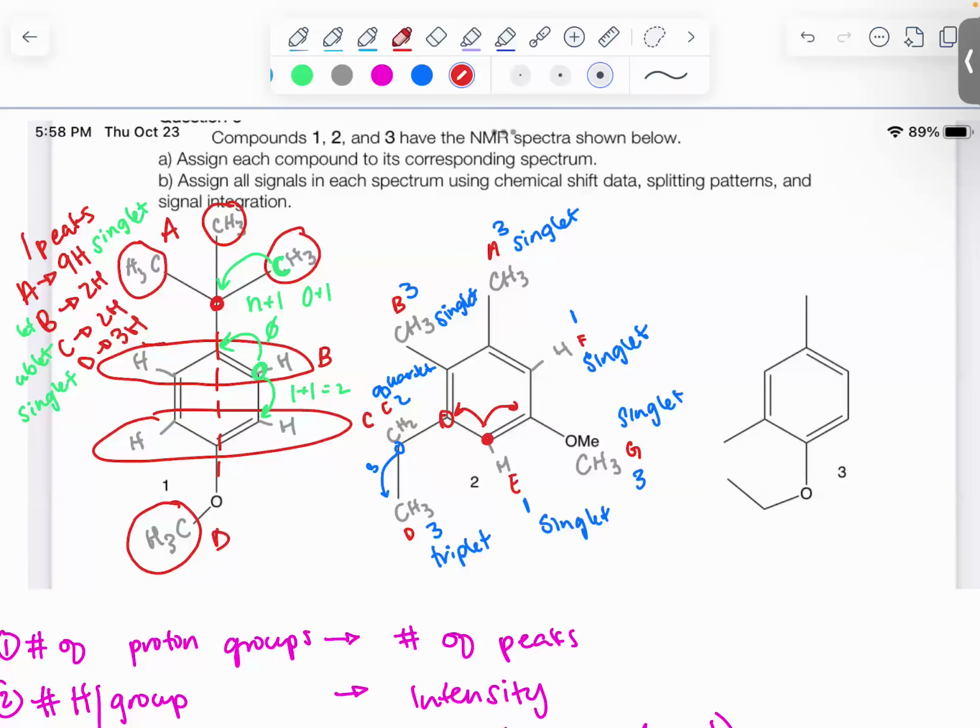Neither of these carbons have any protons of their own, so we have no neighbors. And our rule for neighbors is n plus 1, so that's how we get a singlet. But with this one, we look to the right and we have 0 neighbors. We look down and we have 3 neighbors. 3 plus 1 is 4. That's how we get a quartet.